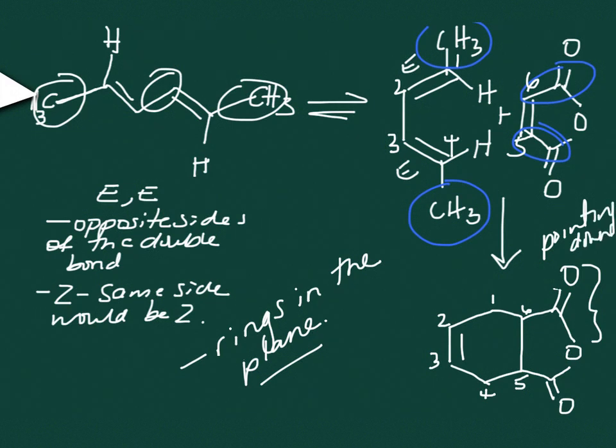So what this means is that if we keep the ring planar, the hydrogens at carbons 5 and 6 should be pointing up. Now let's deal with these methyl groups. They have to be cis to each other. So they will also be up.